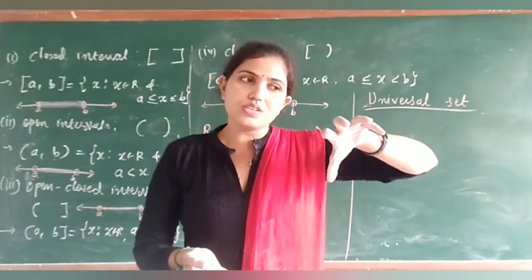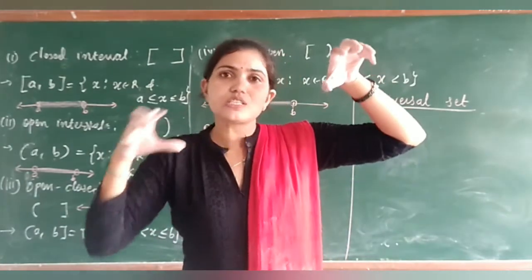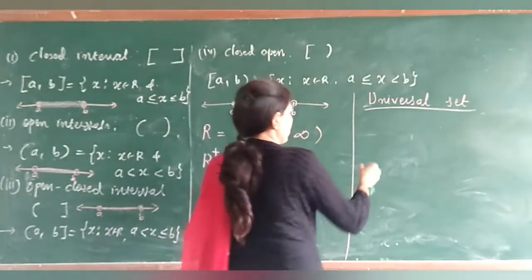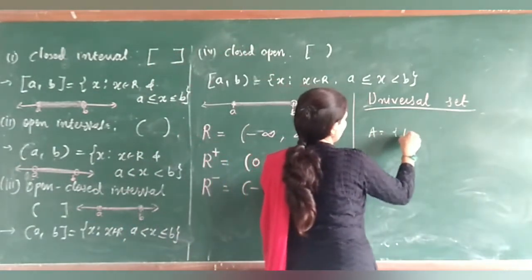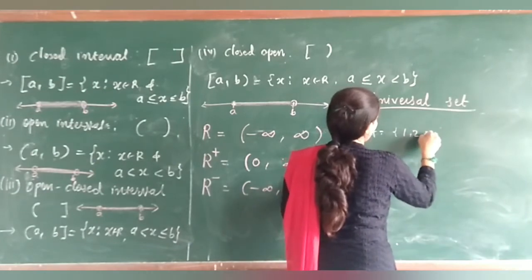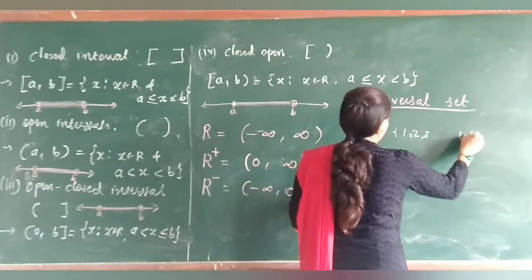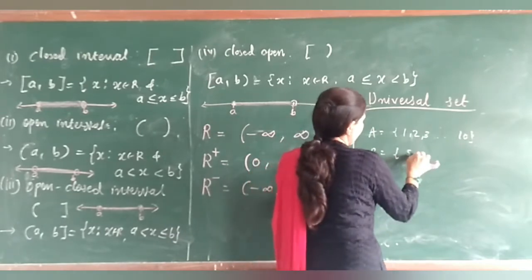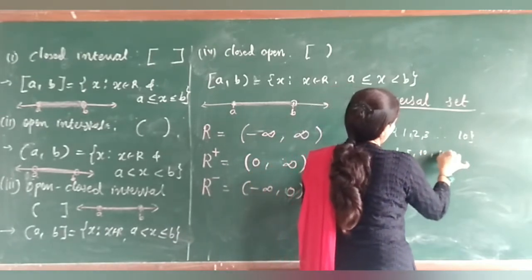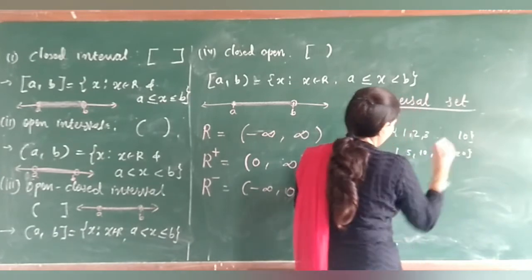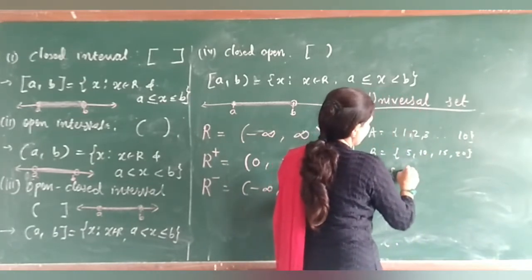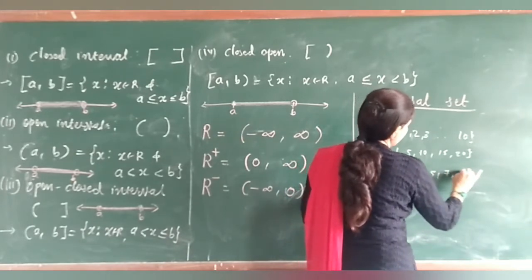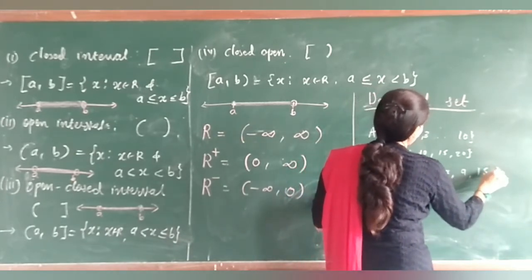तो यूनिवर्सल जो सेट है वो किसी सेट के रिस्पेक्ट में कंसिडर होता है. Okay, like if I write down A is equal to 1, 2, 3 up to 10. Okay, I consider the set B as 5, 10, 15, 20. I consider C as 1, 3, 5, 7, 9 and 15.